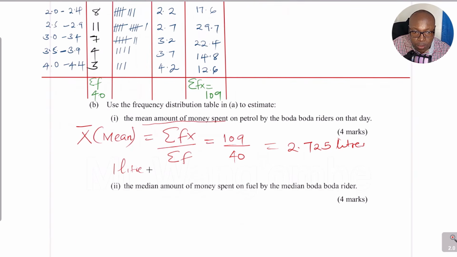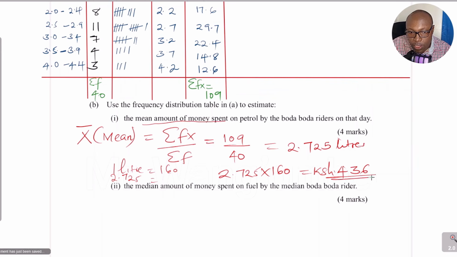So what about 2.725? You have to multiply 2.725 by 160, and this will give 436 shillings. That is how you're supposed to work out that part.